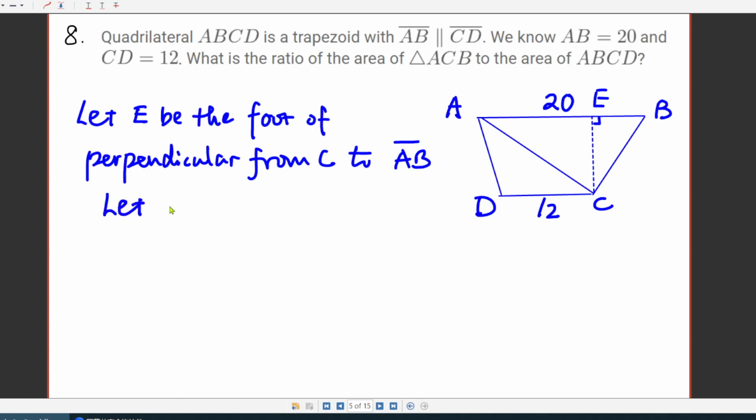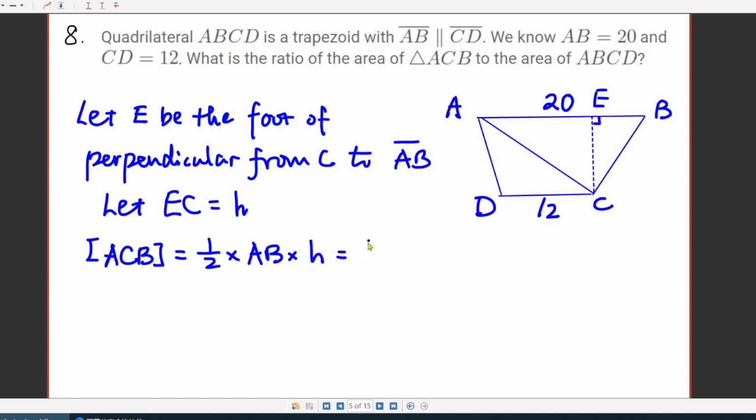Then we can let EC be H. Then we know that the area of triangle ACB can be calculated by using 1/2 of the base AB times H, right? Which is 1/2 of, we know the length of AB is 20, times H, so this gives us 10H, right?